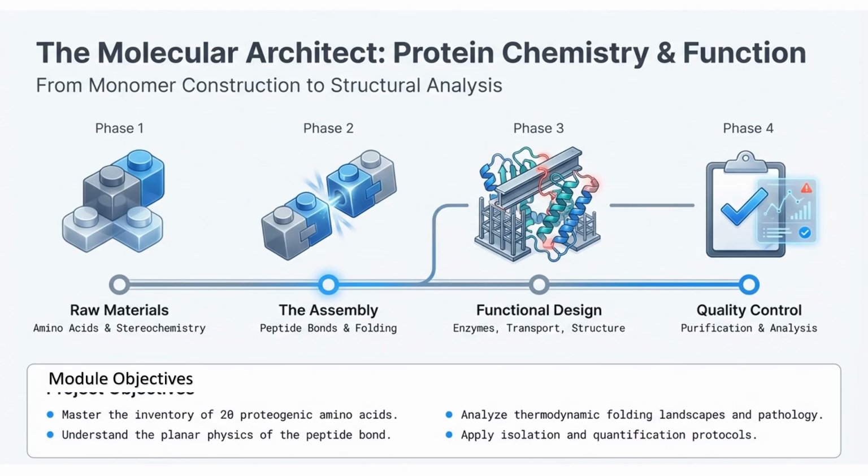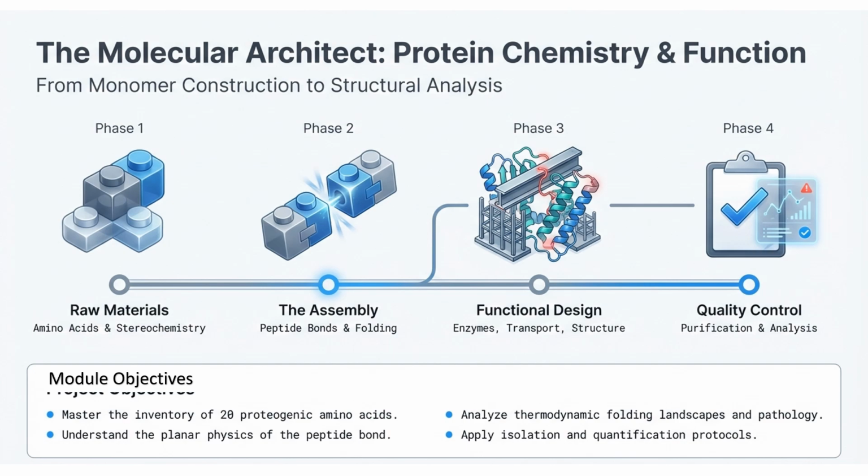By the end of this module, you should be able to recognize the structure and stereochemistry of the 20 standard amino acids, classify amino acids by polarity, charge, R group chemistry, and nutritional essentiality. Explain properties such as zwitterions, isoelectric point, and acid-base behavior.